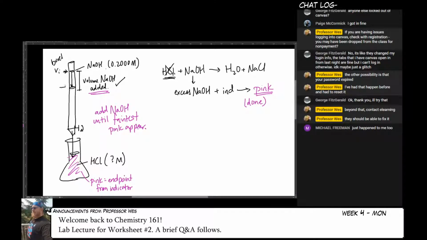This would be V initial. This would be V final. I know the concentration of sodium hydroxide because I told it to. And I don't know the concentration of the HCl, but I do know the volume that we use of it, because I had to put some amount of HCl in there, right? With those three things, we can calculate the concentration. And here's how we do that.